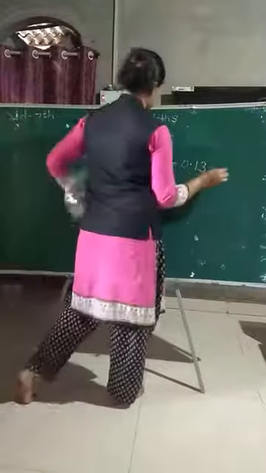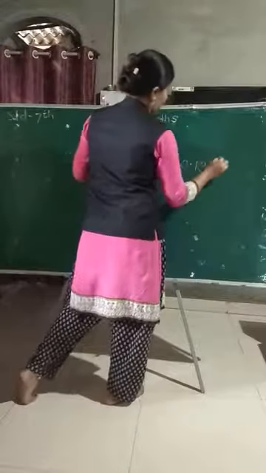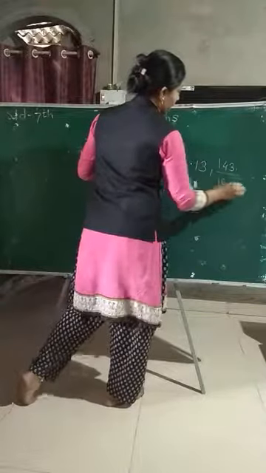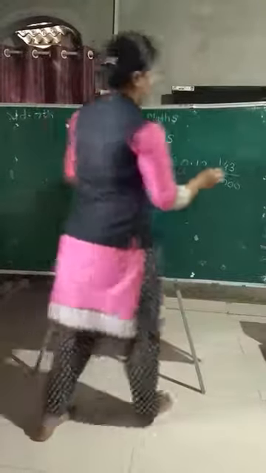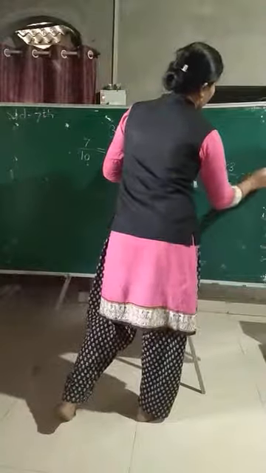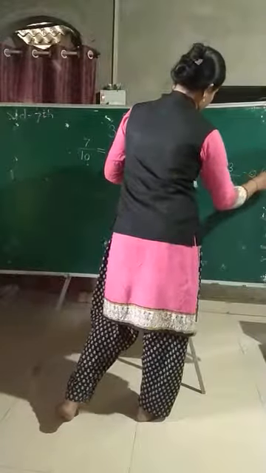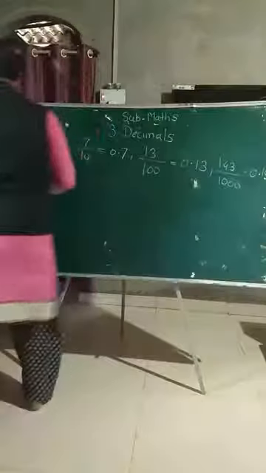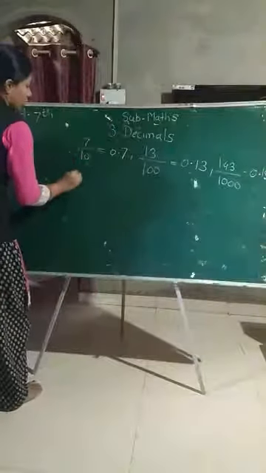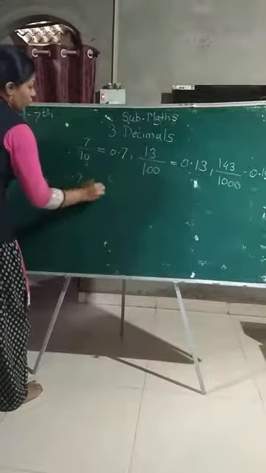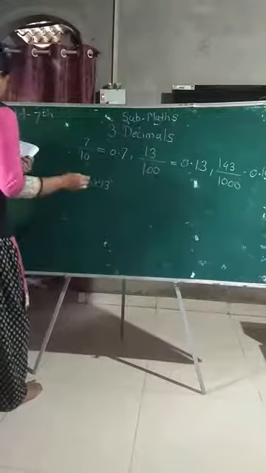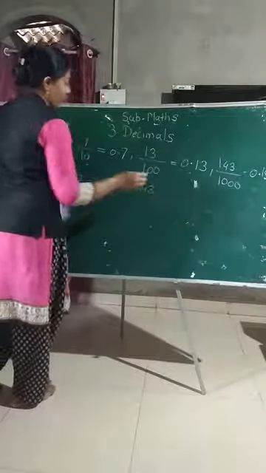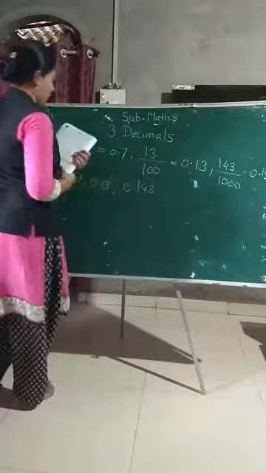Also 143 divided by 1000, we get 0.143. Here 0.7, 0.13 and 0.143 are decimal numbers.